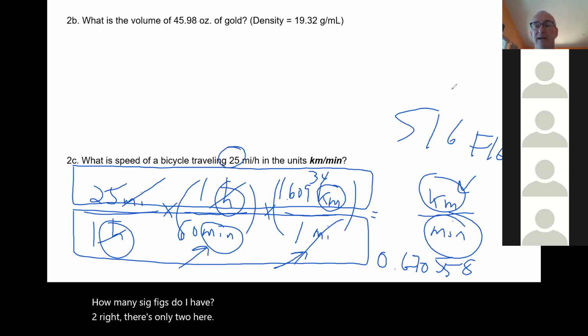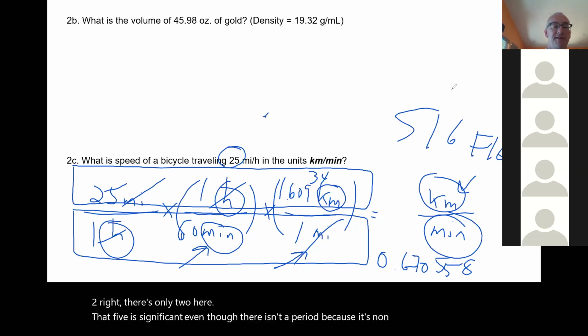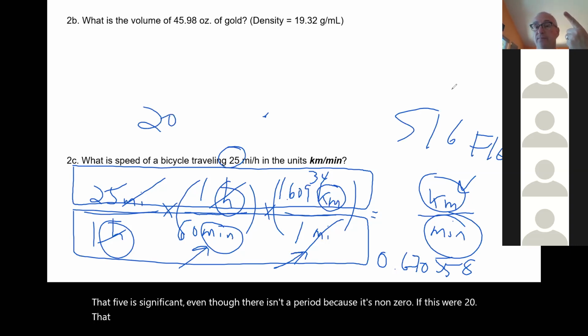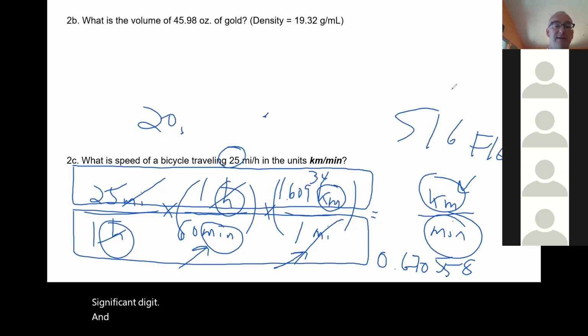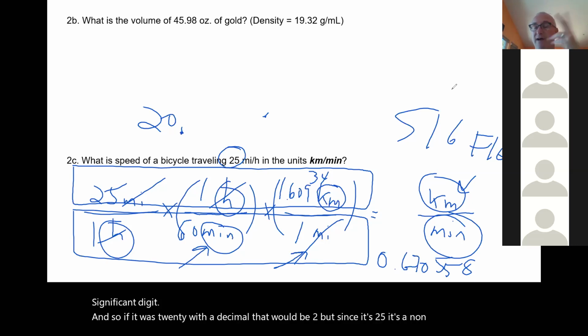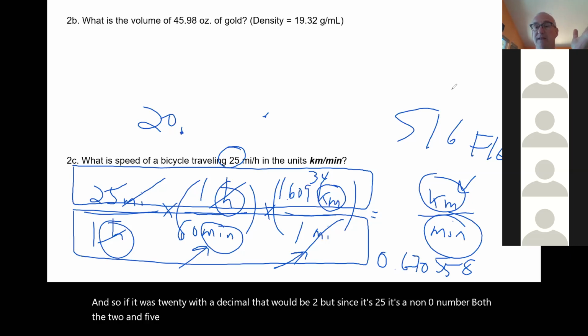That 5 is significant even though there isn't a period because it's non-zero. If this were 20, there'd really only be 1 significant digit. And if it was 20 with a decimal, that would be 2. But since it's 25, both the 2 and the 5 are non-zero, and any non-zero number is significant. So we say there's 2.